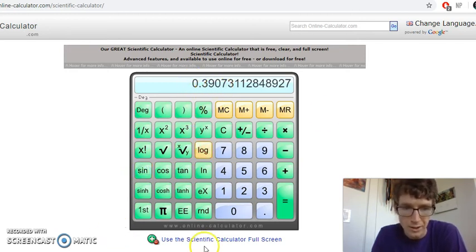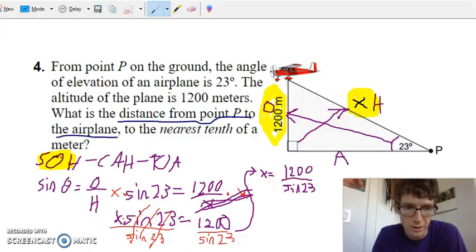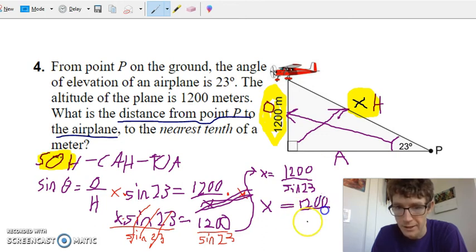So let's go back to this. So really what we have here is x is equal to, what was that number again? 0.39, okay. X is equal to 1200 divided by 0.39. So what is 1200 divided by 0.39?